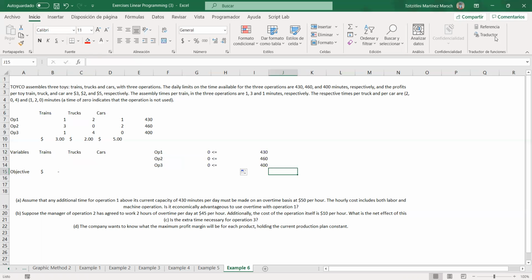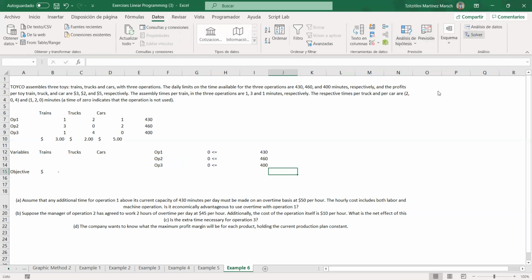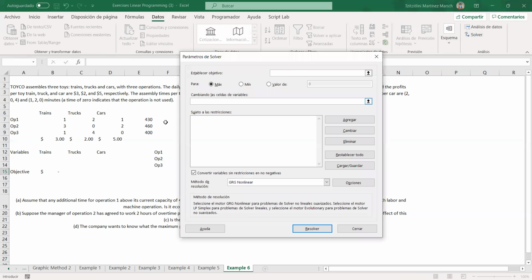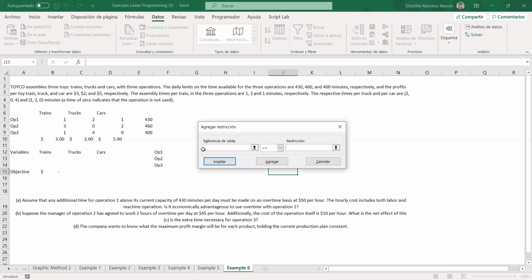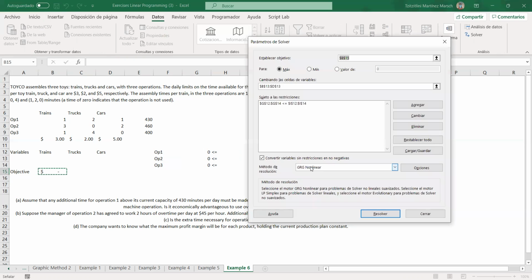And now we can run our solver. So go to data, solver, our objective formula is this one. We want to maximize our profit, changing what? The number of trains, trucks, and cars that I built, adding what? Okay, well, I have these, it's less than or equal to this, okay? Make sure that it says simplex so I can solve it.